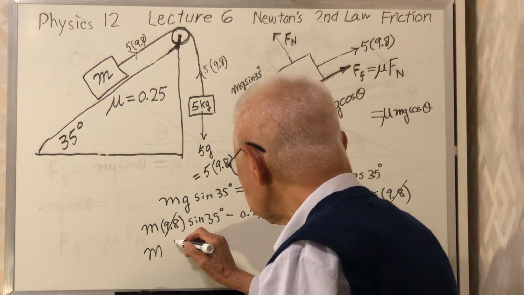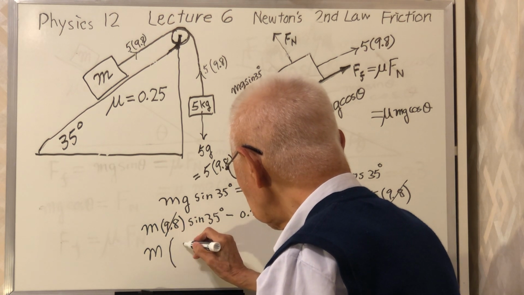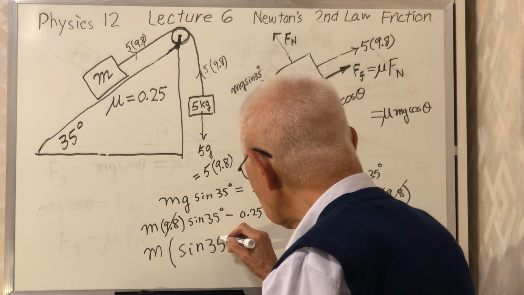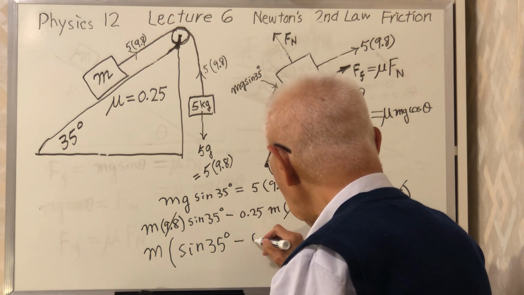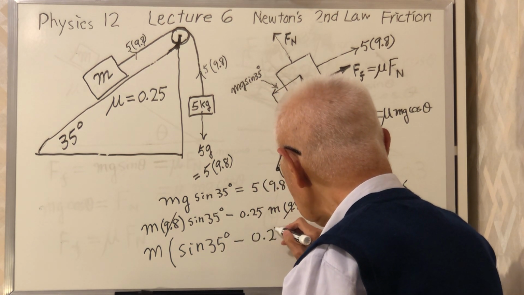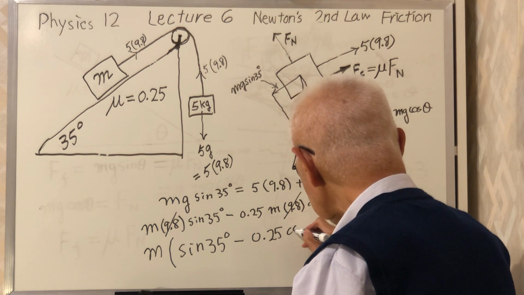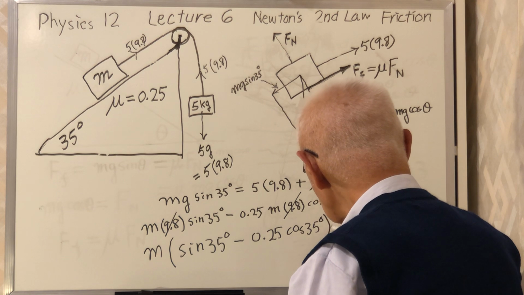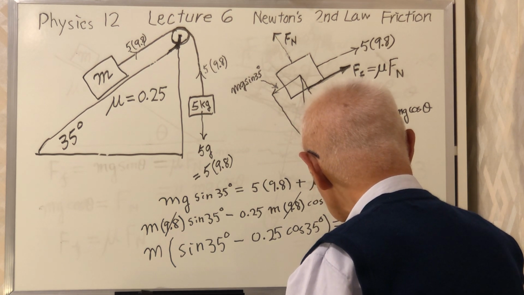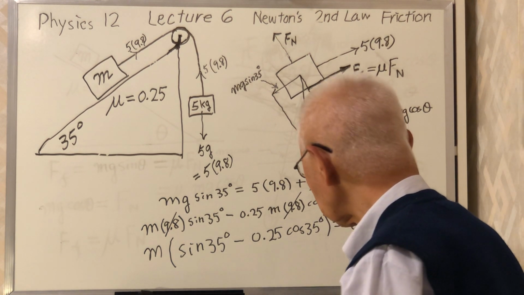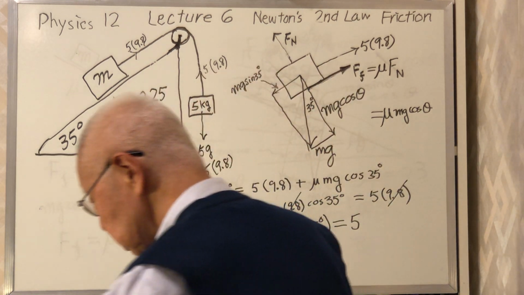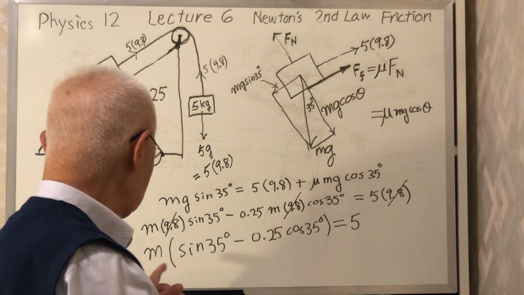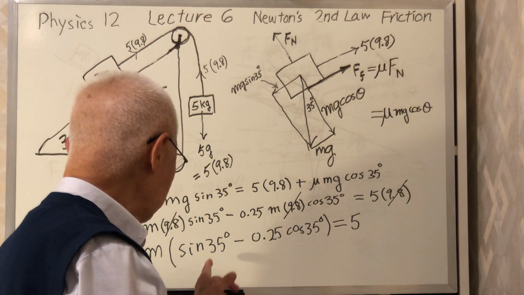So factor out m: m times sine 35 minus 0.025 cosine 35 is equal to 5. You follow? Therefore, m is just 5 divided by this bracket.